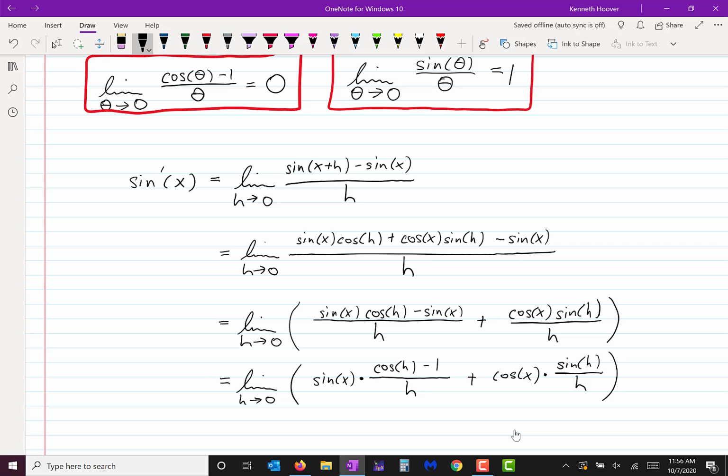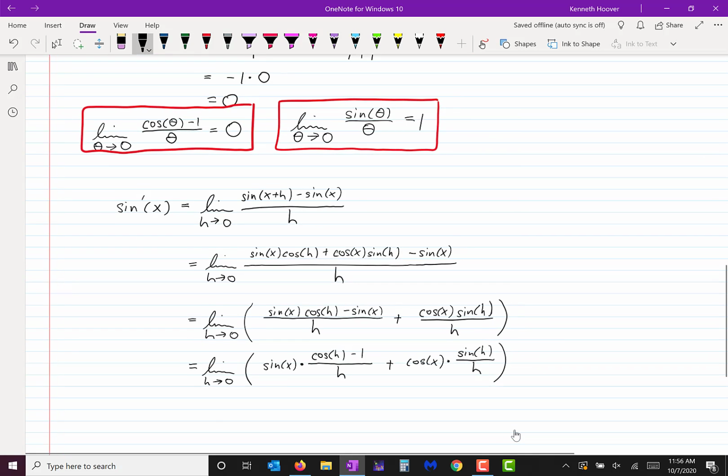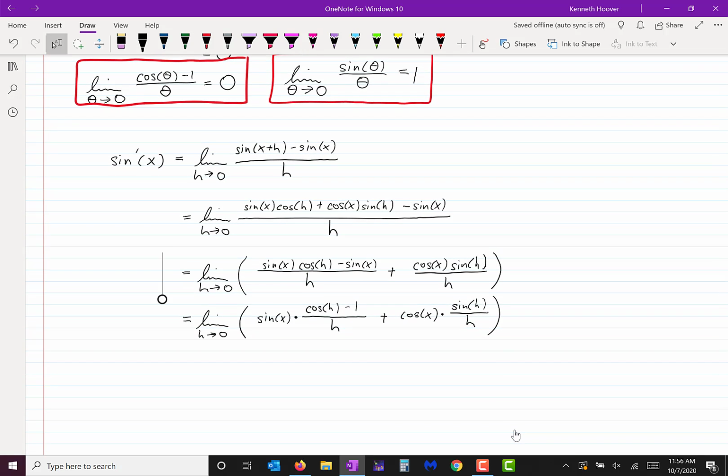All right, this should look good. Look at this. That sine of x does not have an h in it, so it has nothing to do with the limit. So I can write this.